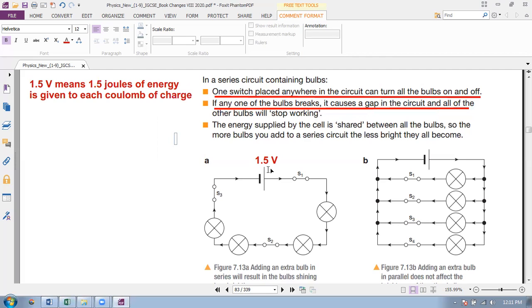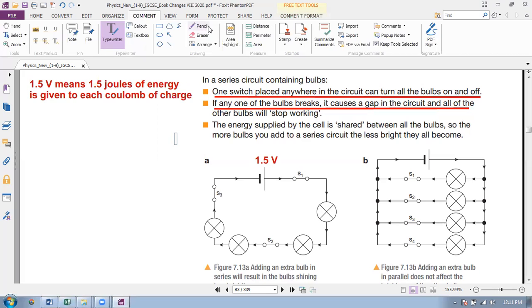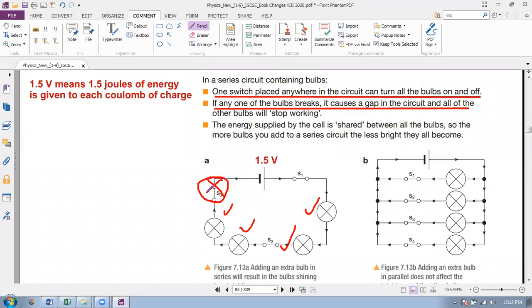Now, this energy is divided among these bulbs, this one, this one, this one, this one. If you add another bulb, it will also get some energy and their energy will be reduced. If you add another bulb, it would also get some energy from here and their energy will be reduced.